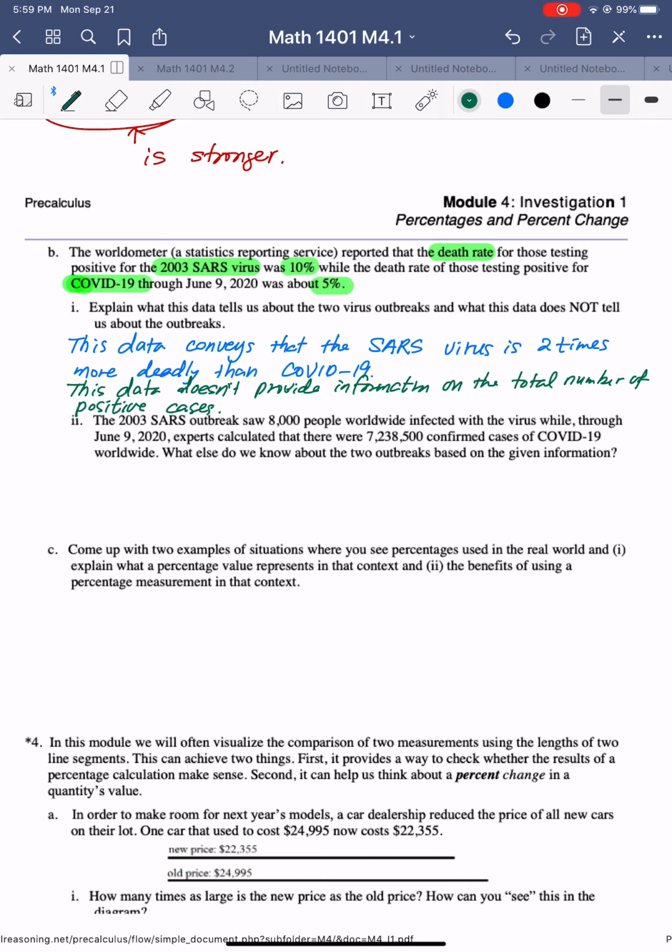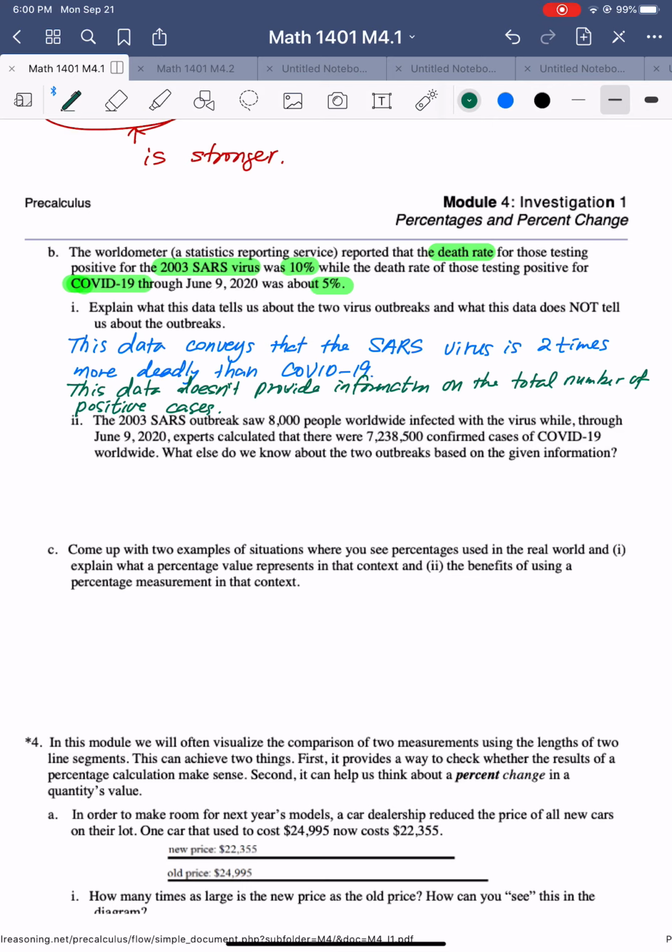Even though it's a 10% death rate for the 2003 SARS, I don't think it was that much more notorious than COVID-19. Everyone who lives on earth knows COVID-19, but for 2003 SARS, I didn't even know at the time that there was that kind of virus.